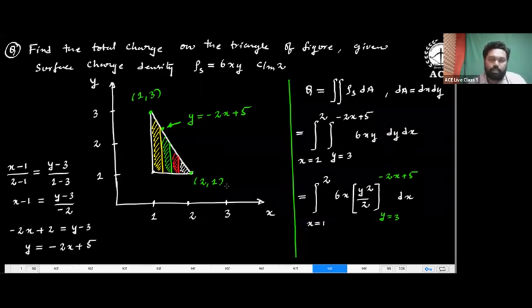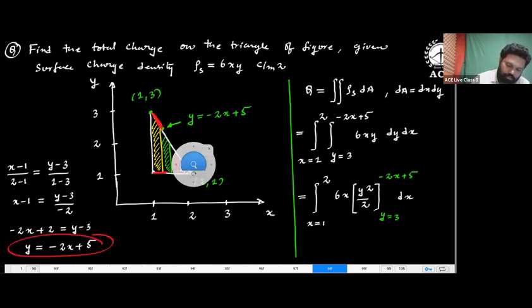So what are the strip limits? Strip limits are from here to here. That is the y limits. X limits are from here to here. Some arbitrary point: from the straight line expression you get y. So the y value starts from 3 up to somewhere here.